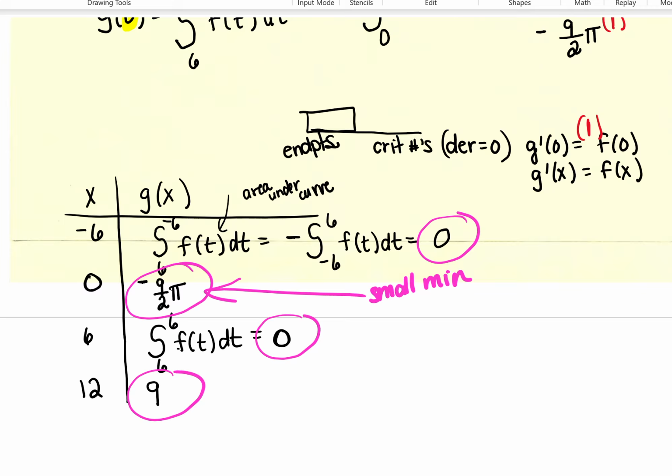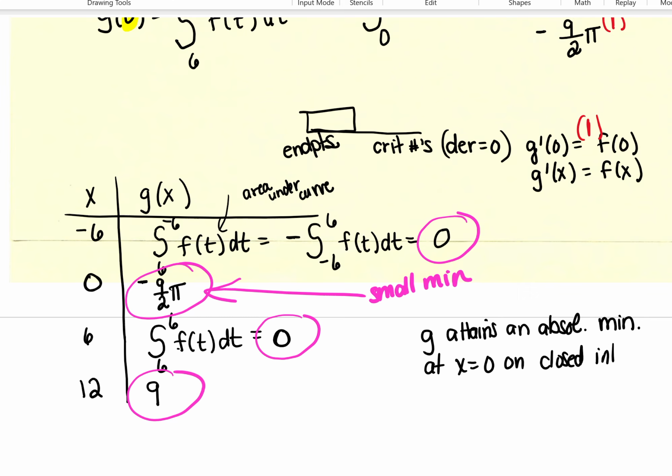So then we would say that g attains an absolute minimum at x equals 0 on the closed interval from -6 to 12. If you were able to get this value right here, and you were able to justify it with this work, give yourself the last 2 of those points.